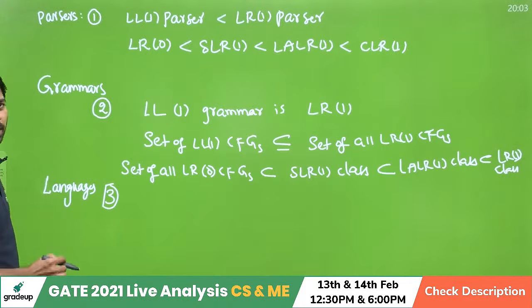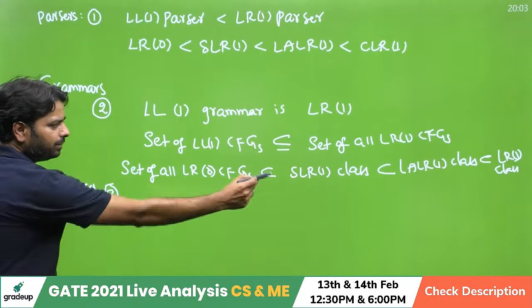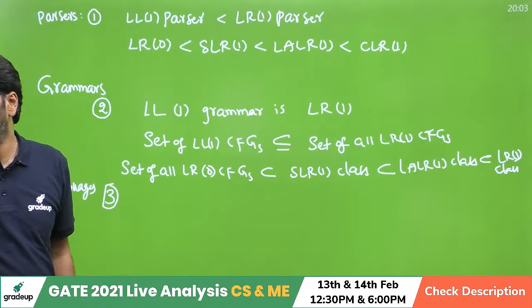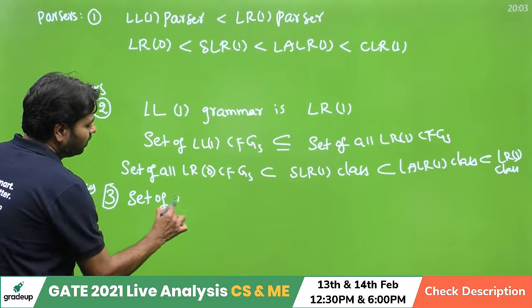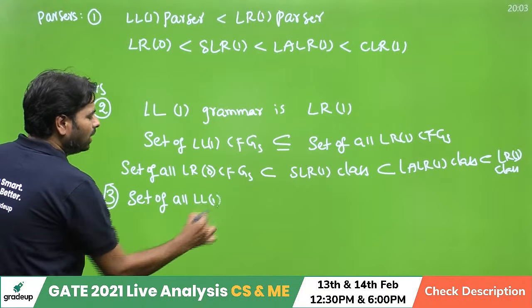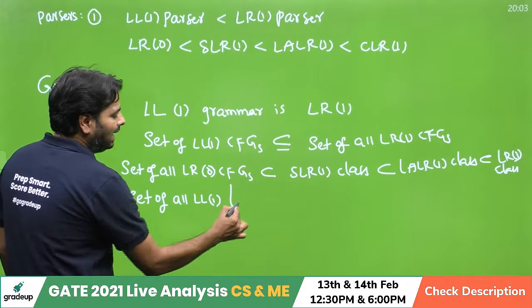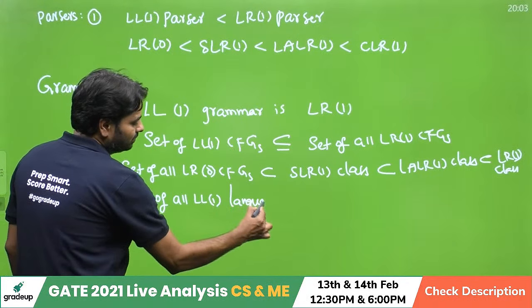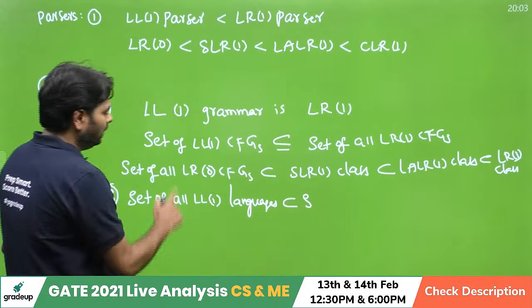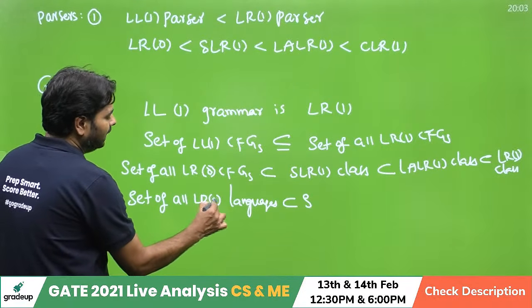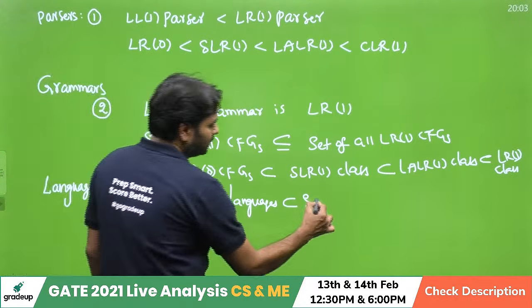Languages. When you are comparing the languages, it is the same, but you write: the set of all LL1 languages is a strict subset of LR0, then SLR1, and LR1 later on.